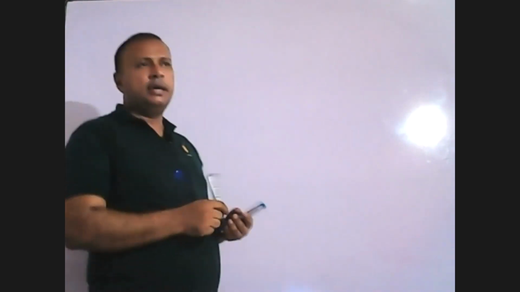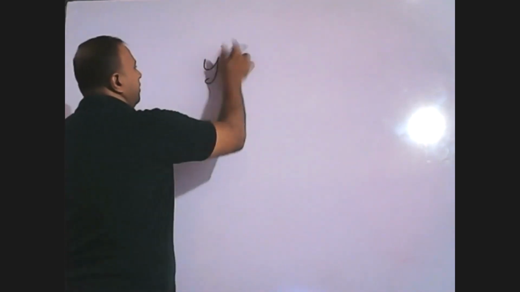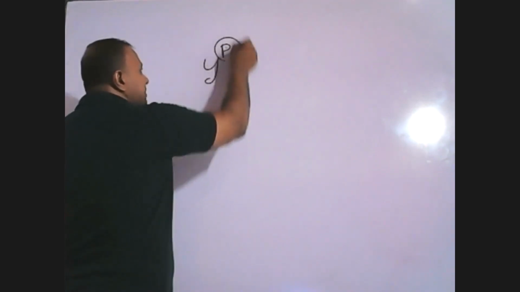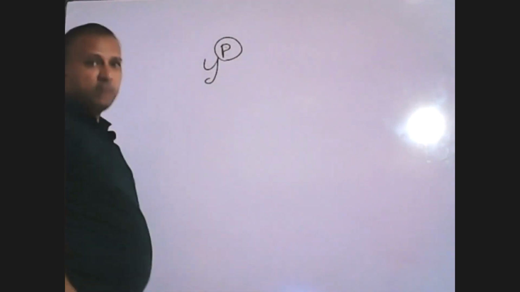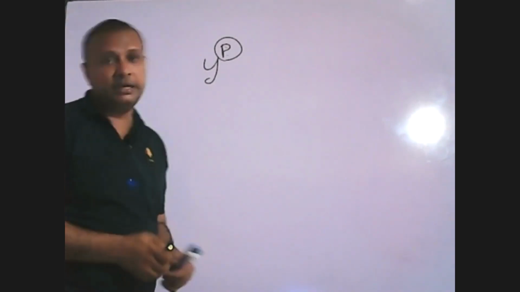As we discussed earlier, if there is a power, something like y to the power p, this power should be a number. A power should be a number.